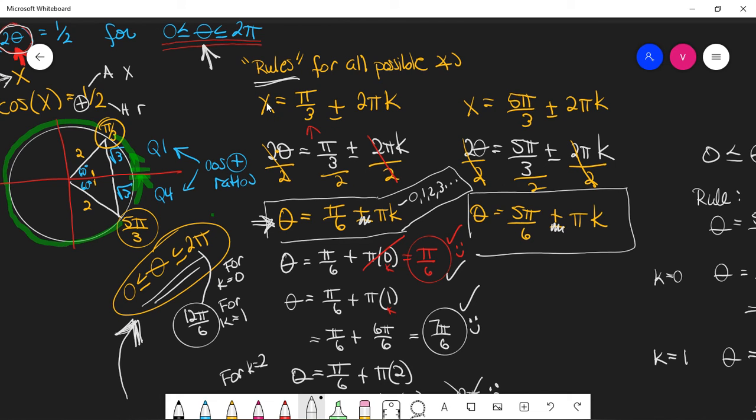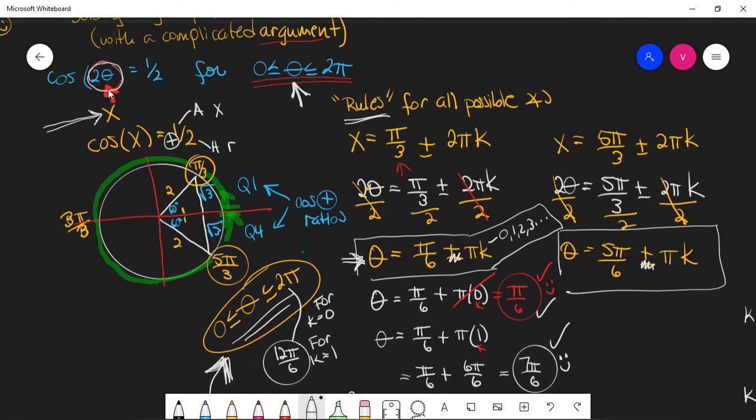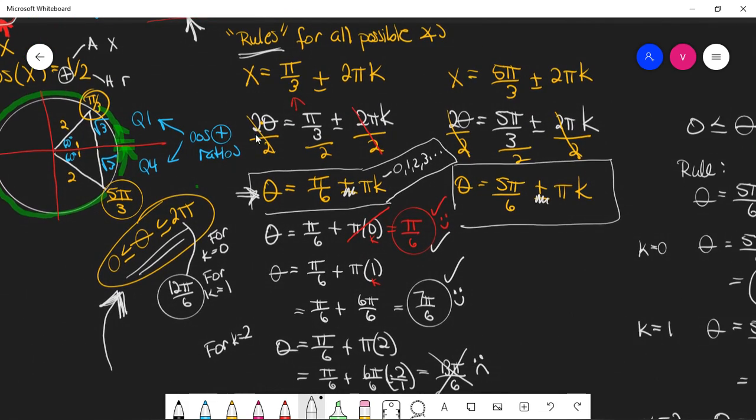We weren't really solving for x. We really had a 2 theta in the problem. So instead of writing x, we substitute back in the 2 theta in the very end in the rules. And to get theta by itself, we do a little algebra, just divide by 2 everywhere. And we end up with our real rule here. Theta, if you divide that out by 2, is pi over 6 plus pi k.